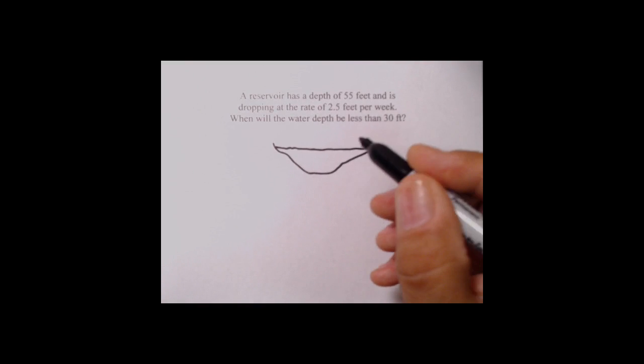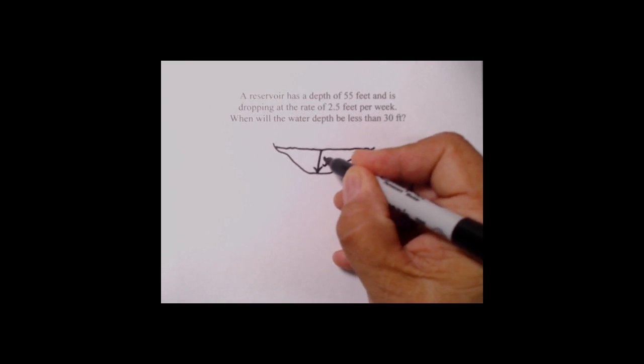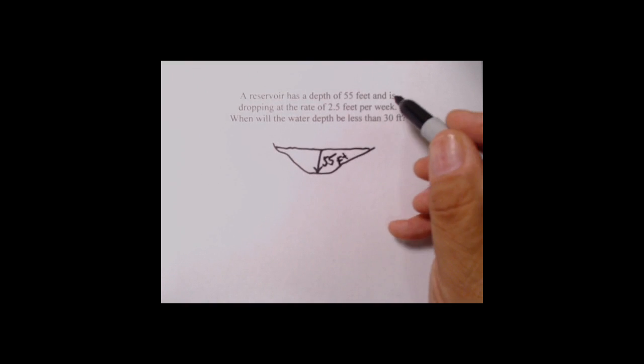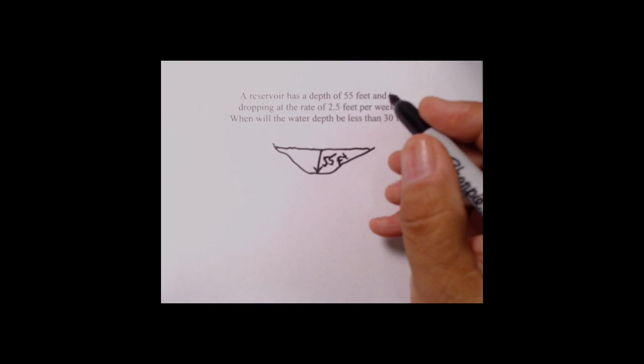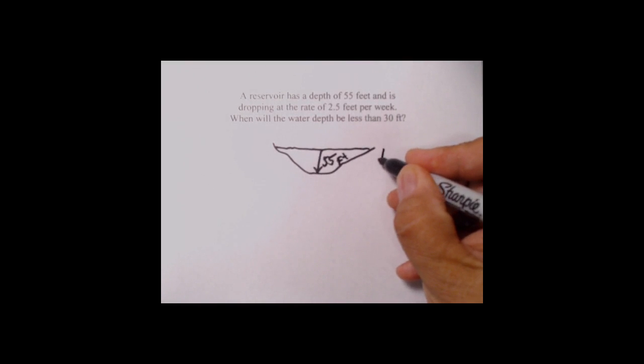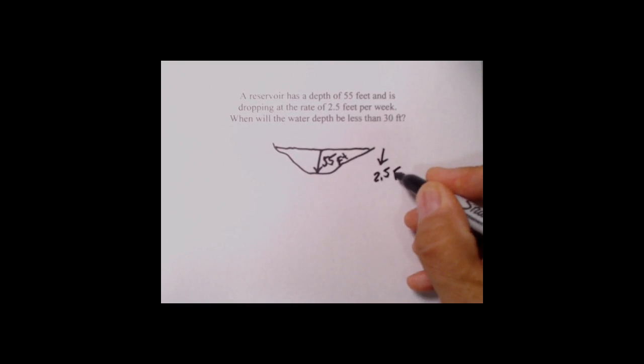The initial depth, down to the bottom, is 55 feet. Since the reservoir's water is drying up, it's going downward at the rate of 2.5 feet per week.